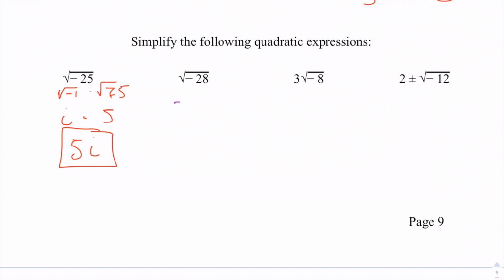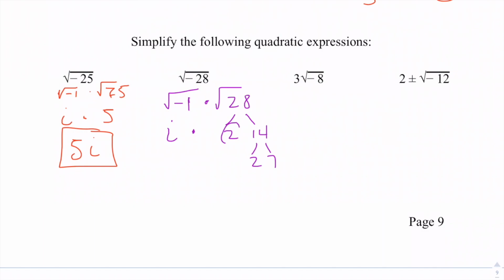And then we would have the square root of -1 times the square root of 28. Well, the square root of 28 is a decimal, so I'm just going to break it down into prime factorization. But first, before I do that, I know that this one's going to be i times something. So I'm going to do 2 and 14, and then 14 goes into 2 and 7.